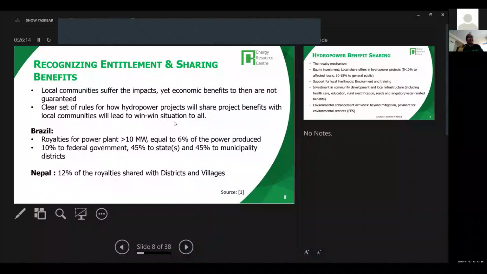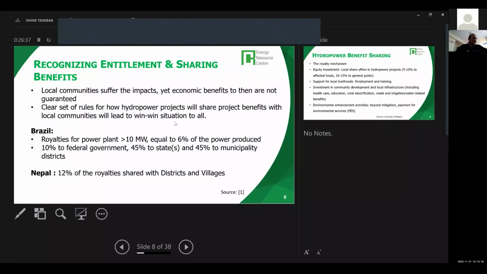And now, talking of entitlement and sharing benefits, I would just like to give examples of two countries, Brazil and Nepal. What we mean to say is the local communities suffer the impact, yet the economic benefits to them are not guaranteed, especially for large projects.